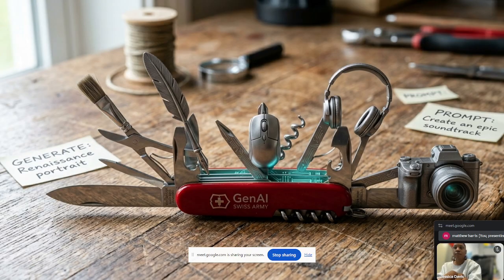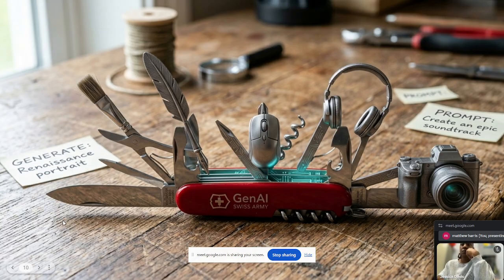So then I got it to generate this example of the Swiss Army knife, now thinking of generative AI, and I liked what it came up with. I wanted it to include a paintbrush to show the art capabilities, a quill to show the writing, code and creating apps with the computer mouse, music production and generating song ideas and mixing for you with the headphones, and then the camera for helping out with photography and photo ads for campaigns.